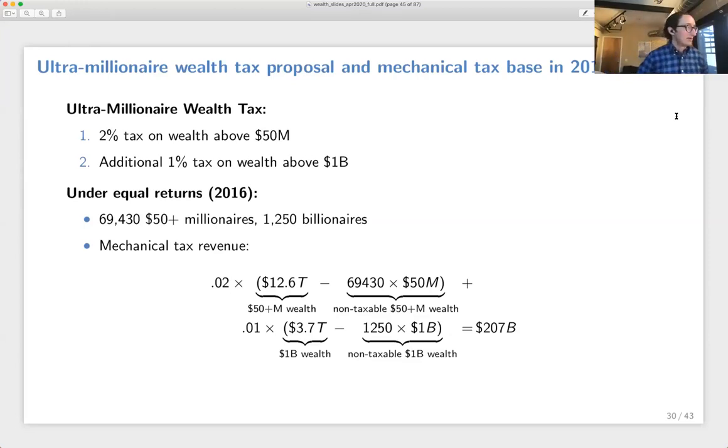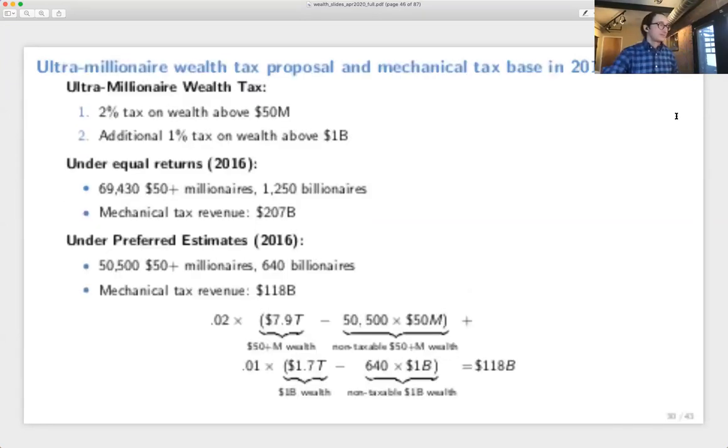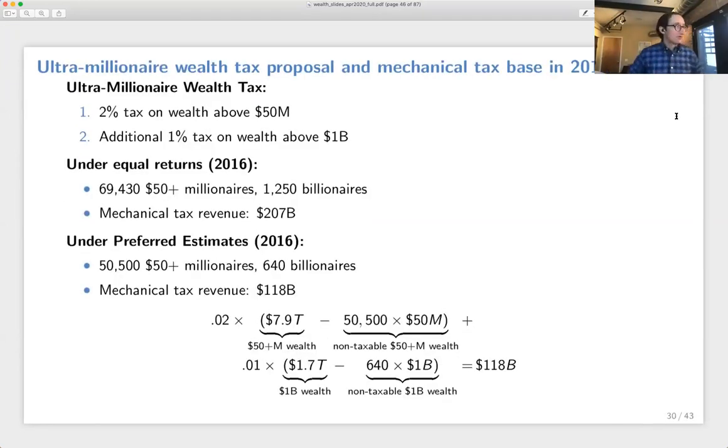So if you just take their wealth and apply the mechanical tax rates, you're going to have $200 billion of mechanical revenue, before you take into account the various behavioral responses. Under our preferred estimates for 2016, this is going to reduce the number of people above these thresholds. So we're only going to have about 640 billionaires and 50,000 50-plus millionaires, and mechanical revenue is going to fall by about 40%.